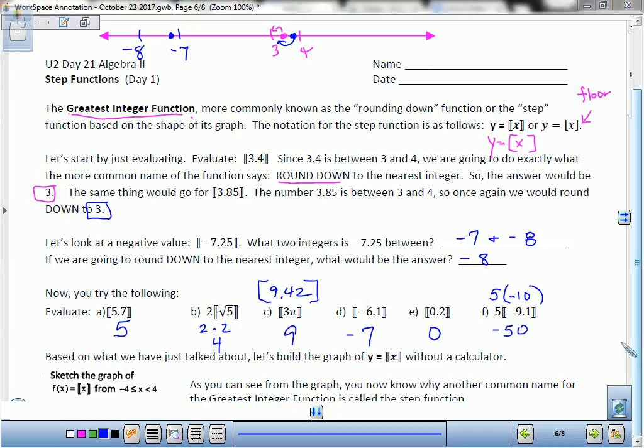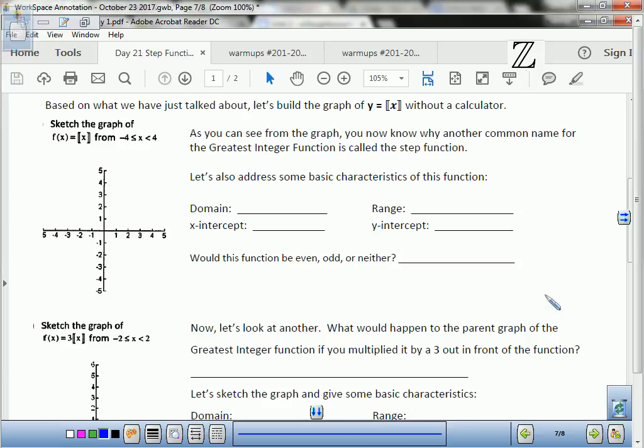Okay, so the next thing we're going to look at is, if we thought about this as a function, what would it look like? I can use the double brackets, the single brackets, or this floor looking. But as a function, what would this look like? All right, I don't want you to write this down, but I want you to hang with me on the thinking through this process.